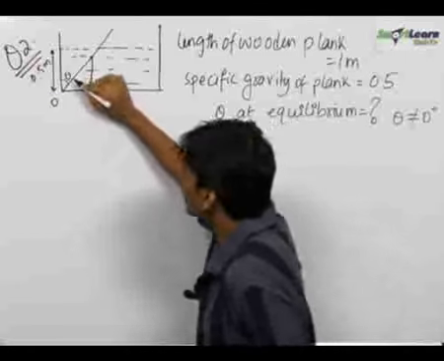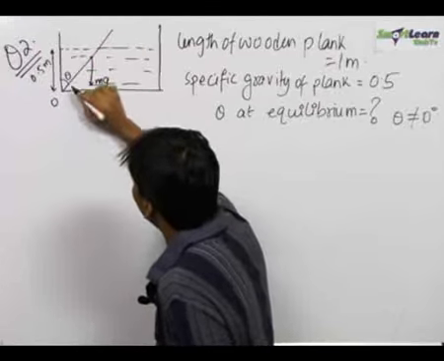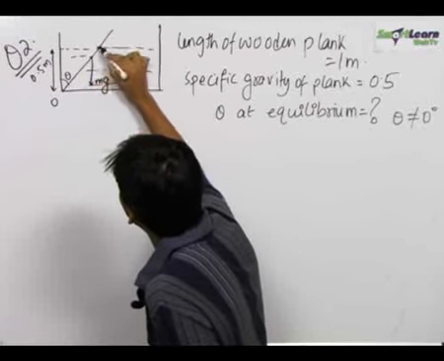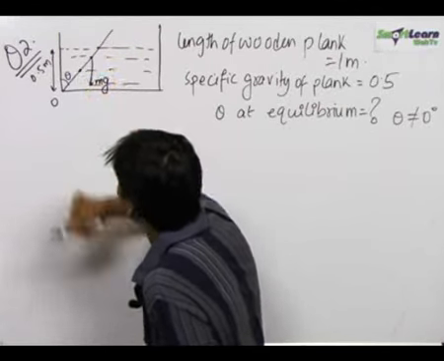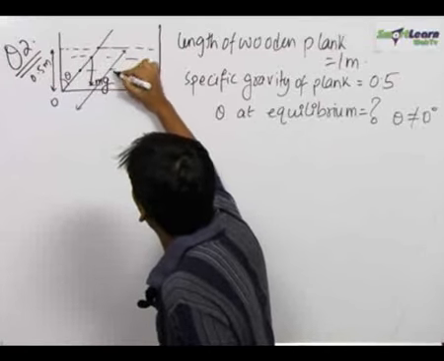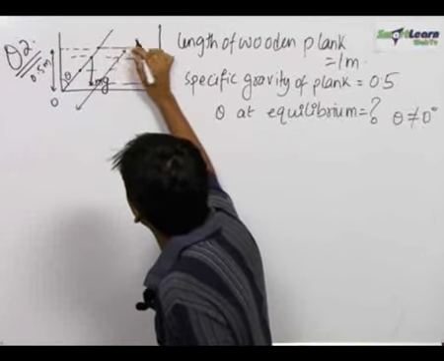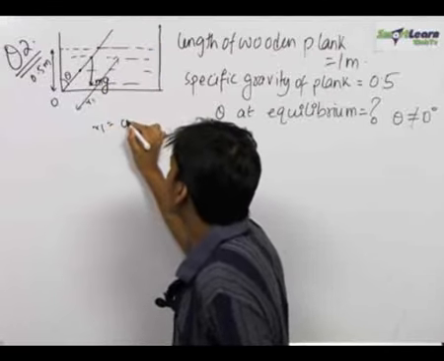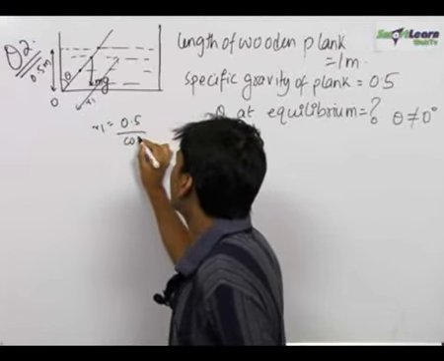So the displaced volume in this case is this. So the center of mass of this displaced volume is the center of this length, that is somewhere here. This length, let us call it R1. R1 is equal to 0.5 upon cos theta.